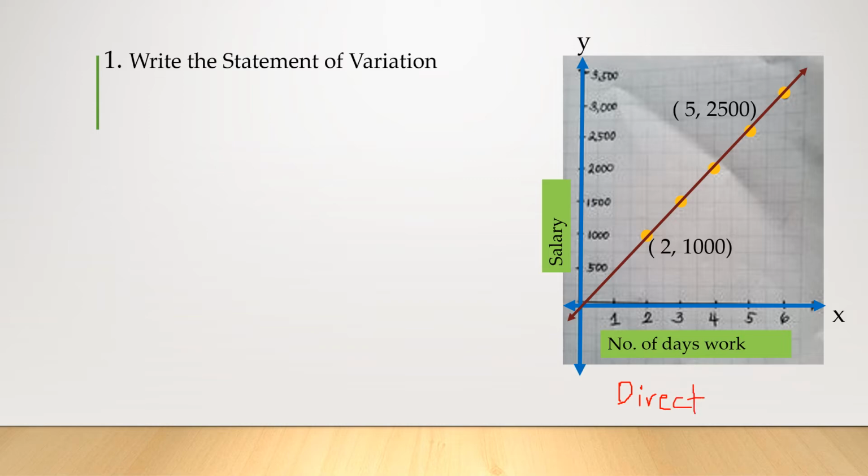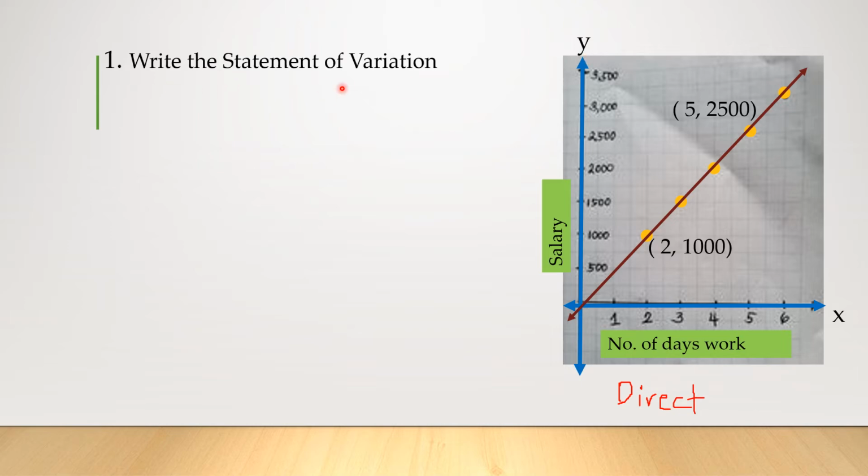Other than that, aside from the value of x increasing and the value of y also increasing, we have also two quantities here, x and y. If we have two quantities, the choices are direct variation and inverse variation. But this one, as x increases, y also increases. So this is direct variation.